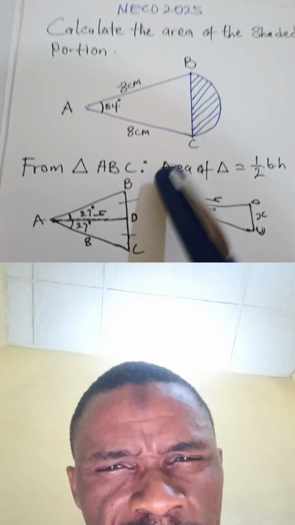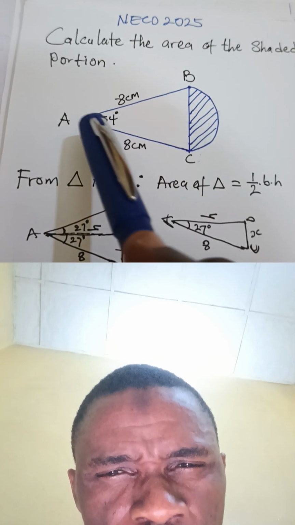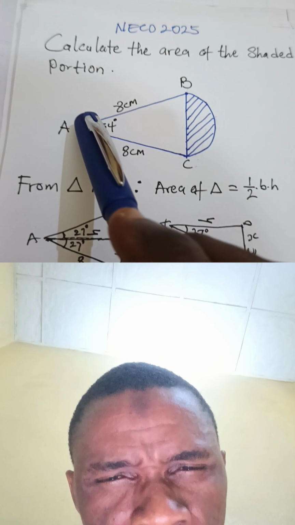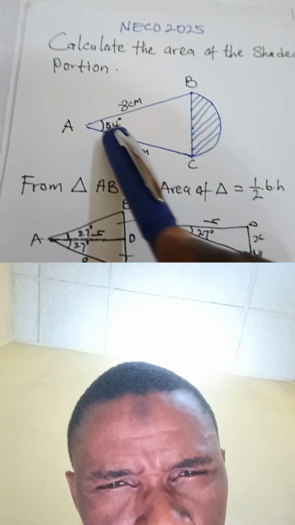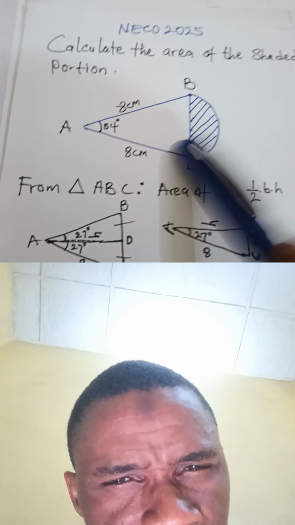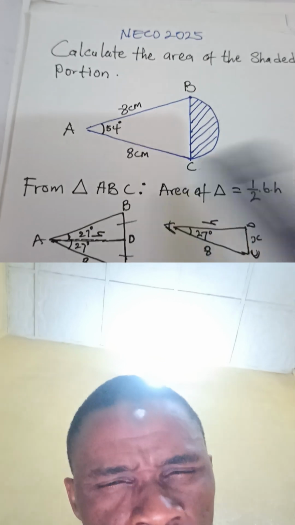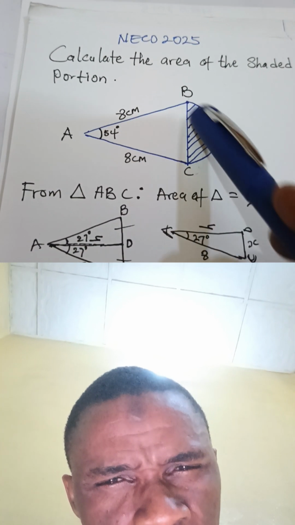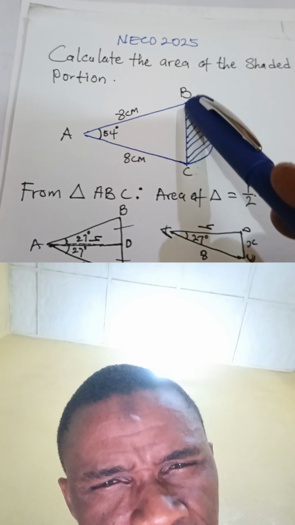A radius. Now, for us to be able to get this shaded portion, what we are going to do is remove this triangle. By the time you remove this triangle from the whole sector, what will remain is this shaded portion. This is very simple. Removing the triangle from the whole sector, it will remain the area that looks like the ice cream, that's the shaded portion.